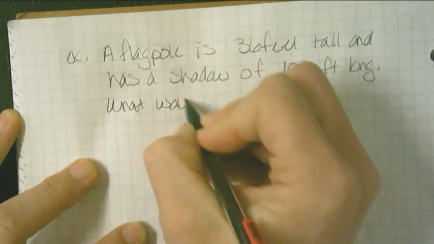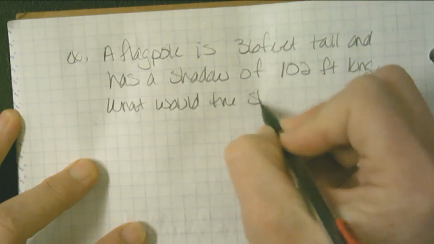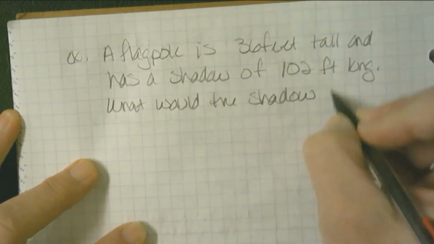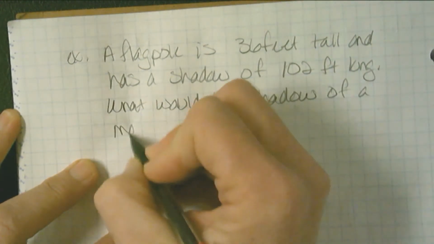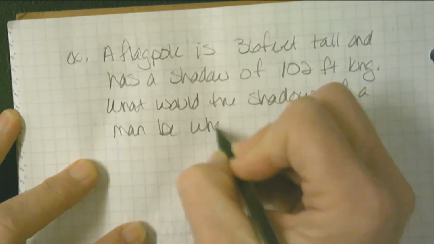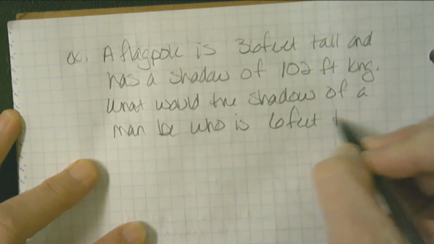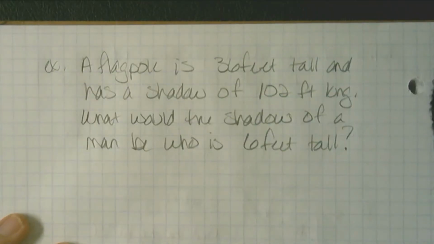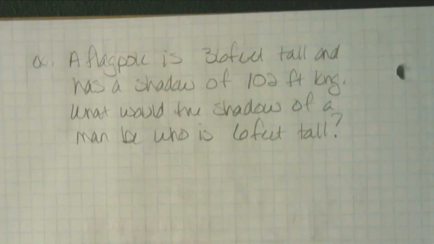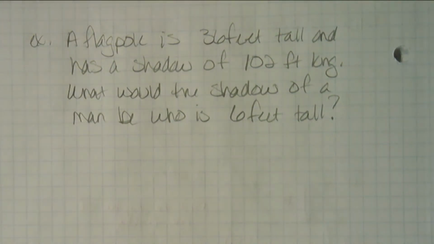What would the shadow of a man be who is 6 feet tall? So I want you drawing what this is going to look like and then solving it, please.